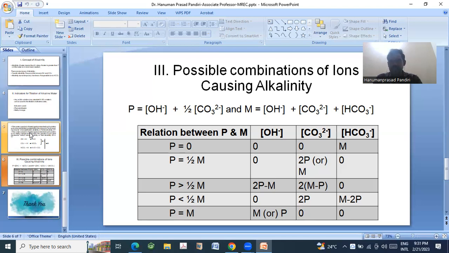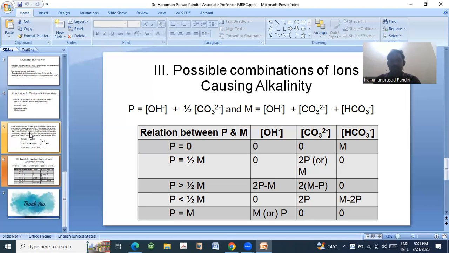Now, in the titration, if you observe P equal to 0, that is, the relation between P and M can be P equal to 0. So this is the first relation. If P equal to 0, then we can substitute it in the formula of P, that is OH minus concentration plus half CO3 2 minus concentration will be 0.